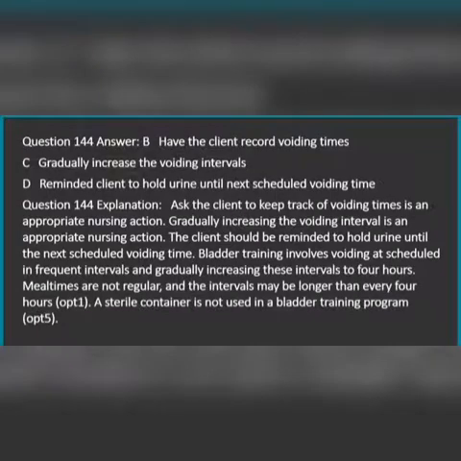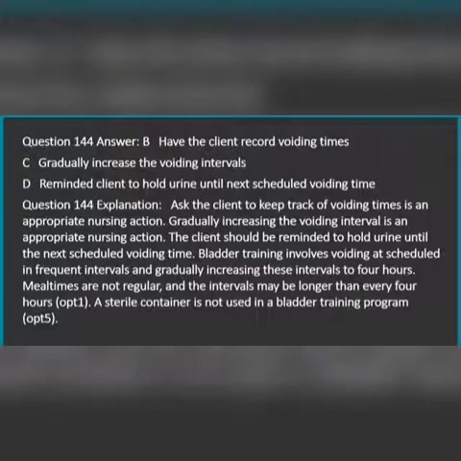Question 144. Answer: B. Have the client record voiding times. C. Gradually increase the voiding intervals. D. Remind the client to hold urine until the next scheduled voiding time. Explanation: Asking the client to keep track of voiding times is an appropriate nursing action. Gradually increasing the voiding interval is an appropriate nursing action.